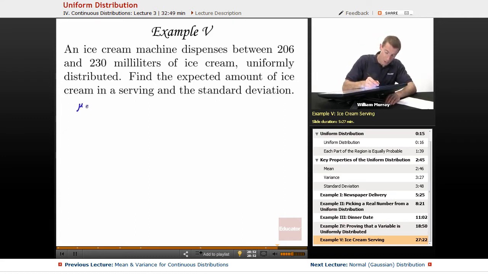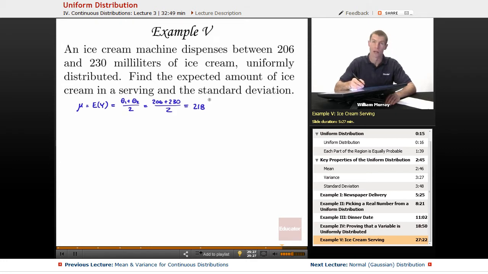The mean, which is always the same as the expected value, remember by definition those are the same thing, for the uniform distribution is theta 1 plus theta 2 divided by 2, and the theta 1 and theta 2 are the endpoints of the interval. So in this case that's 206 plus 230 divided by 2. Well, that's 436 divided by 2, which is 218.